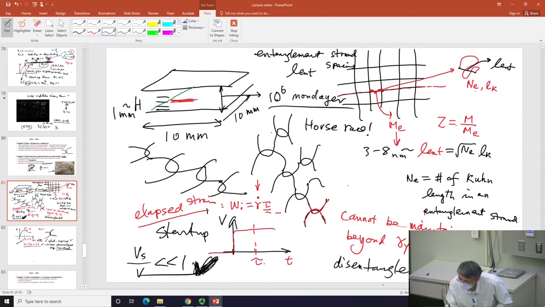Instead of shearing like this, the system decides to shear like that, right? And we don't have an answer. Of course, these 2 points are the same point.